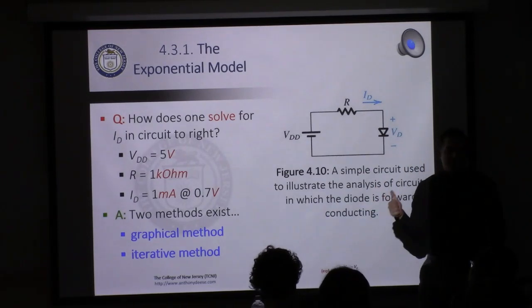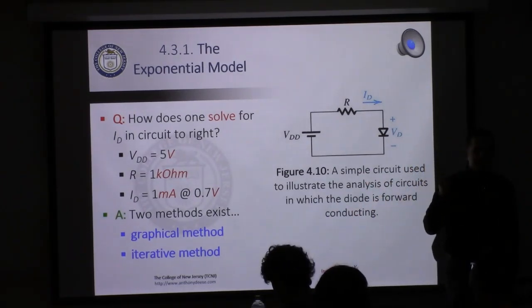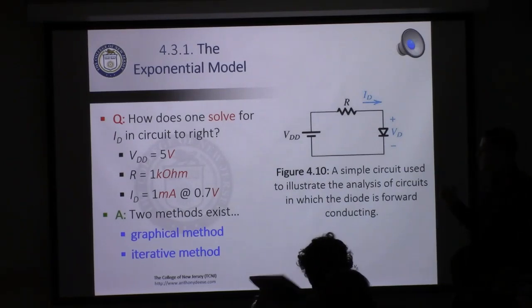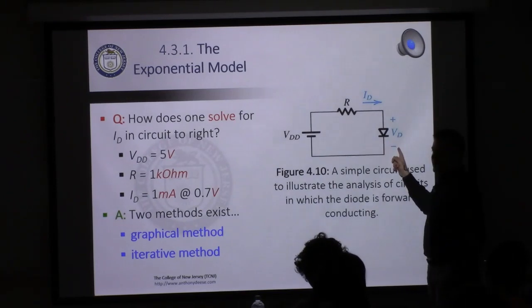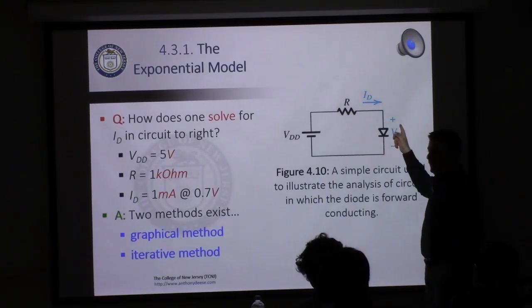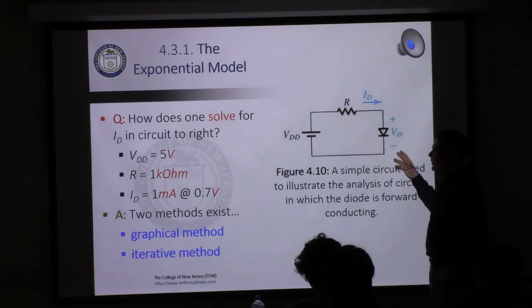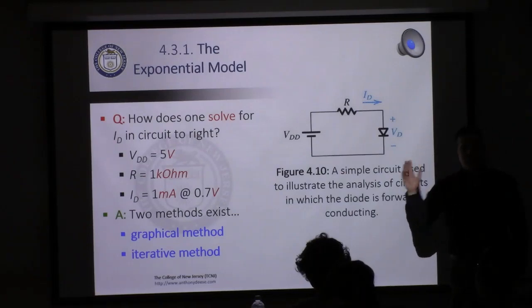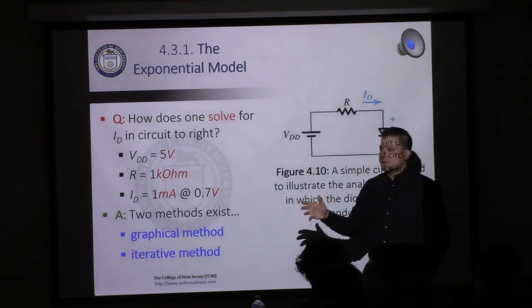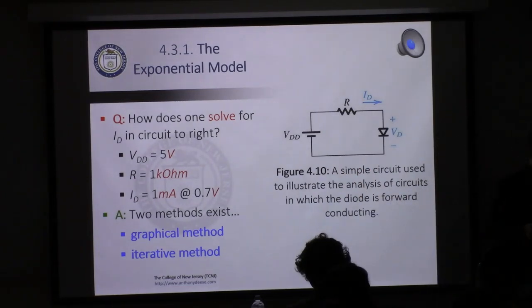That's the first constraint. That is KVL, physics tells us that's got to work. The second constraint is that ID has got to be equal to IS times (e to the VD over VT minus 1), right? And that is the difficulty of solving a circuit that has an exponential model: we're trying to satisfy these two different constraints, not just solve one.